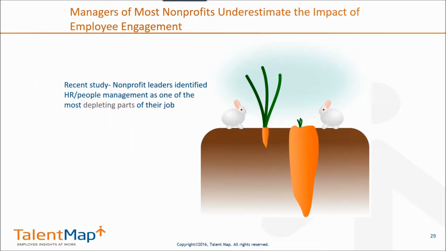So just to wrap up, what we find is most managers in nonprofits tend to very much underestimate the impact of employee engagement. I think part of the reason is that nonprofit leaders join for a number of reasons, and they often find people management one of the most depleting parts of their job.